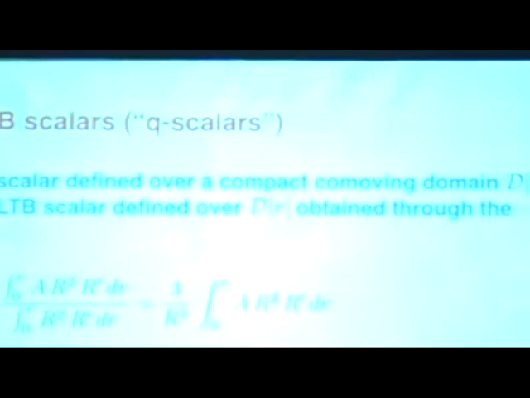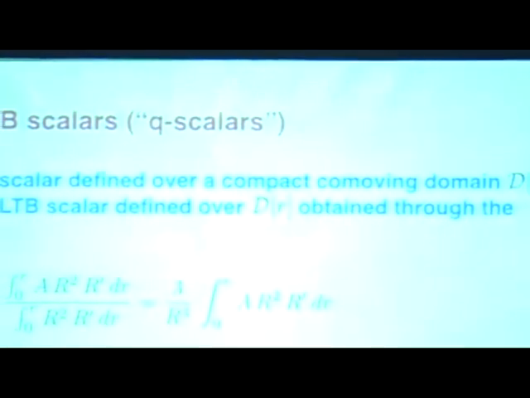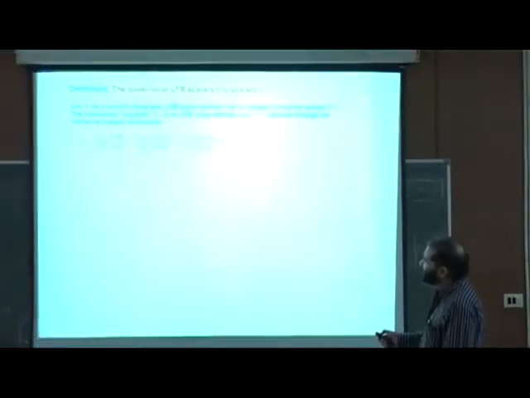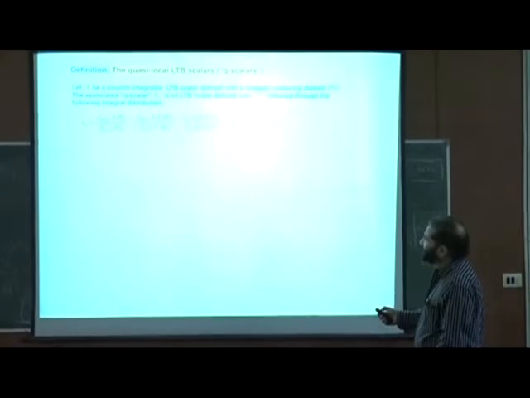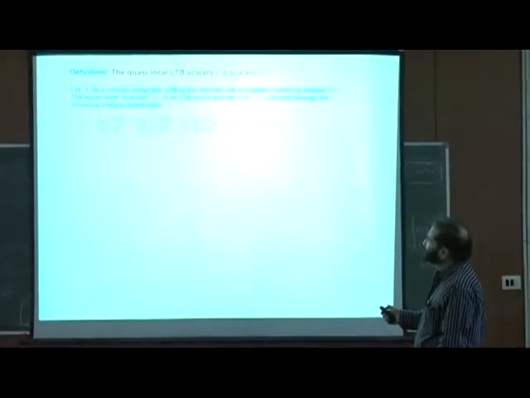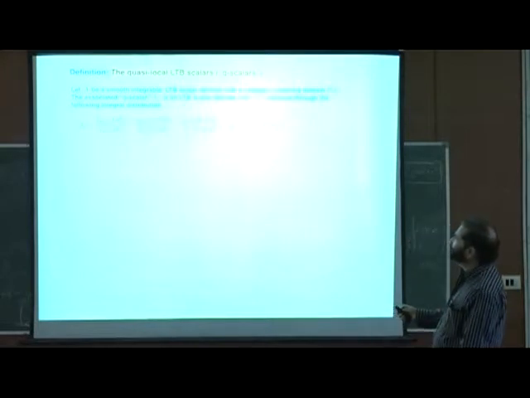We have A, therefore AQ will be this quotient with respect to the quasi-local volume, which is a proper volume with the weight factor, and reduces to this form. The 4 pi have been cancelled, and the end product is this.